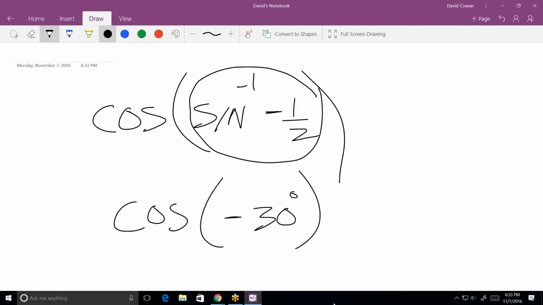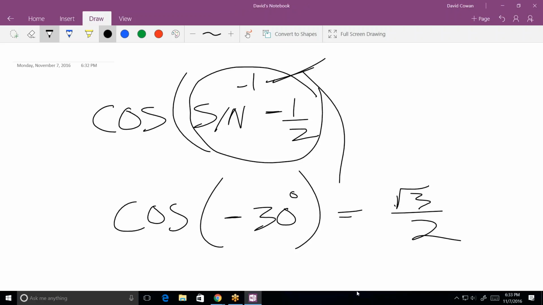That's the fourth quadrant answer to the inverse sine of -1/2. And now this actually becomes positive square root of 3/2 because I'm in the fourth quadrant.